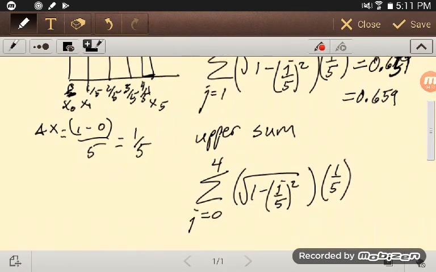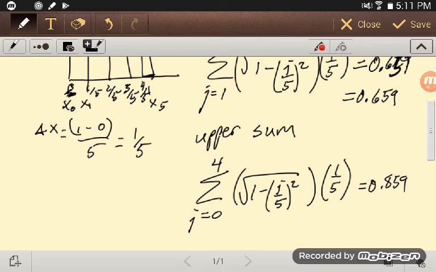So 0.859, I had noticed that since I had those switched, my lower bound was bigger than my upper bound, and I went, whoa, what's going on here? And it took me a minute to figure out I had just simply written these numbers in the wrong spot.